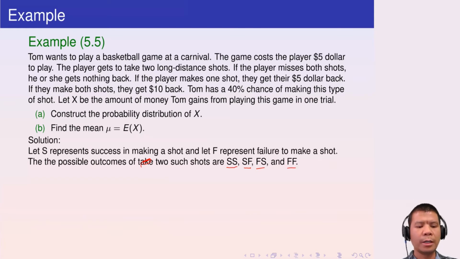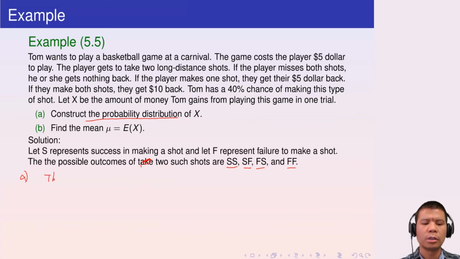In order to construct a probability distribution, we need to find the list of possible values of X first. So what are the possible values of X?